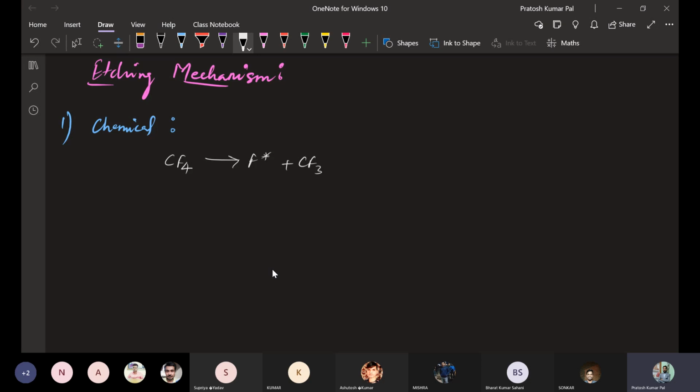So in dry etching also there is a possibility that it will have a chemical type of reaction taking place. If a chemical type of reaction is taking place, its property will be that it will be less anisotropic, or we can call it isotropic.